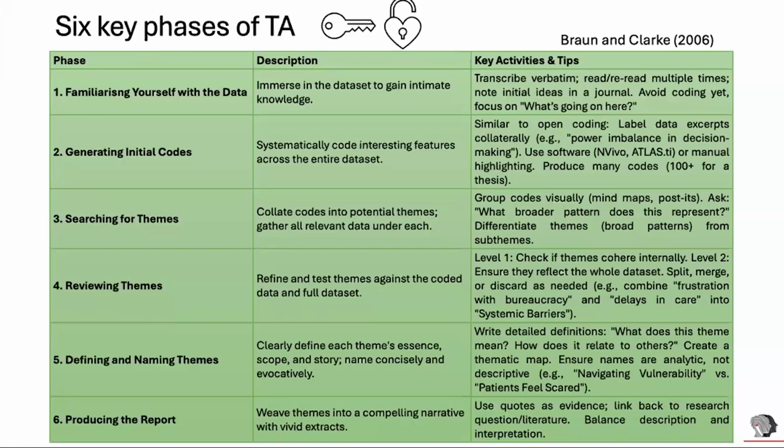Here you get to label your data extracts collaterally. For example, you get to label codes such as power imbalance in decision making.